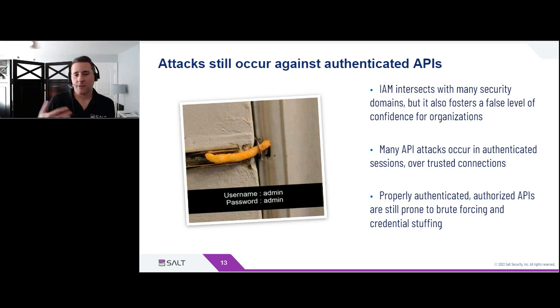Maybe they've stolen authenticated state through some other attack, like a phishing attack. Maybe they've siphoned off data at rest from the mobile device. There are a lot of scenarios for that. And it can happen over trusted connections, typically TLS these days, but your protected data in transit in that TLS connection can still be viewed or compromised.